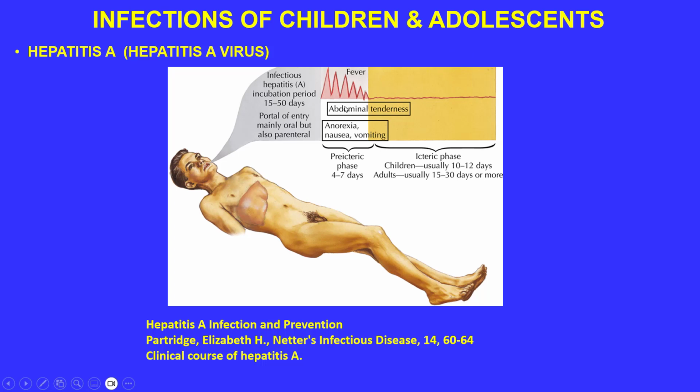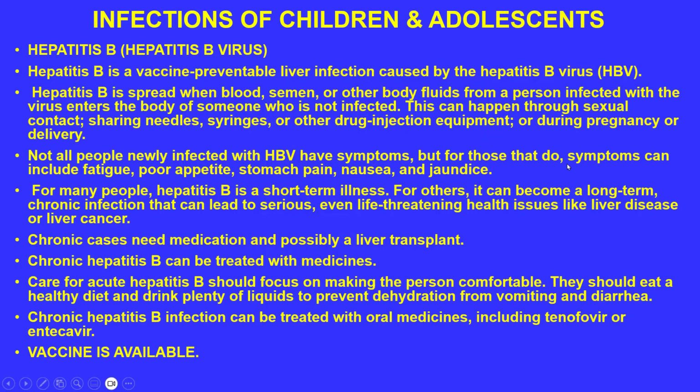You will report abdominal tenderness, anorexia, nausea, and vomiting. And in the icteric phase, the fever will begin to die down. Usually with children versus adults, there's some difference in time. Eventually, the vomiting risks are reduced, and eventually, although later, the abdominal tenderness declines as well.